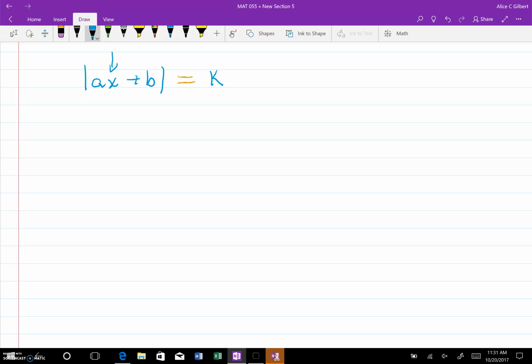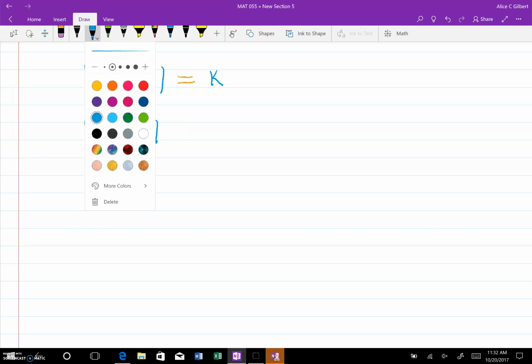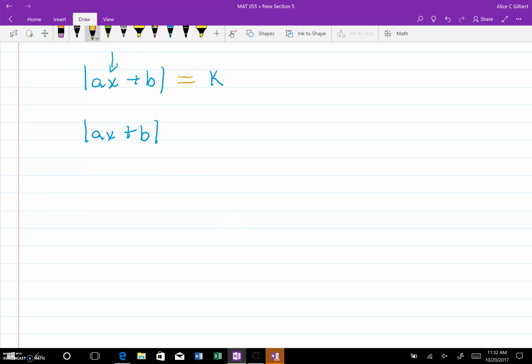The a, the b, and the k would all be numbers. Okay? All right? And then we would have the absolute value of ax plus b, can also be minus, greater than. Whoops, I wanted to do this in a different color so that you really understand this is what we're looking for.